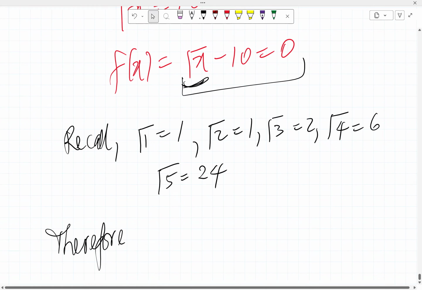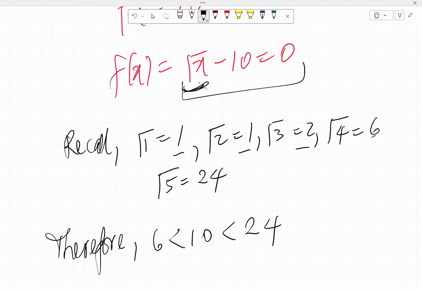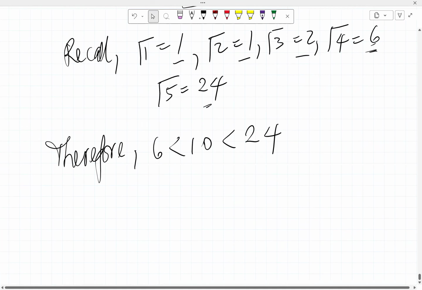In this case now, we know that 6 is less than 10 and 10 is less than 24. That means 10 lies between 6 and 24. If we were able to get 10 directly, that would have done the job. But now we know gamma 4 is 6, gamma 5 is 24.